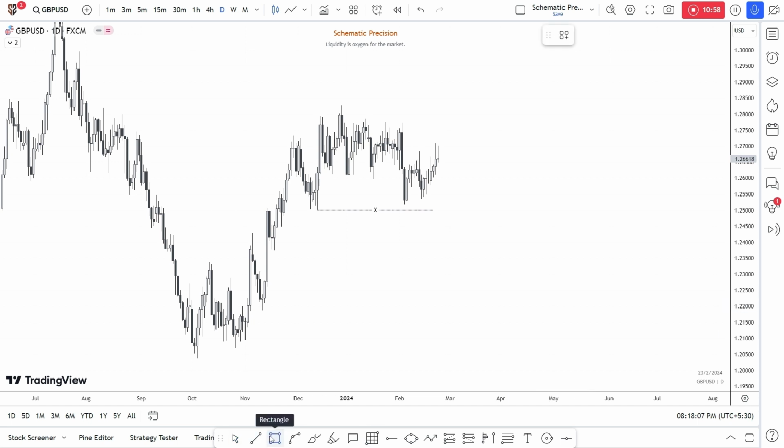We have to look for one of the decisional POIs. Secondly, we have to look for the extreme POI, right? So decisional POI is one. On daily, decisional should be this.